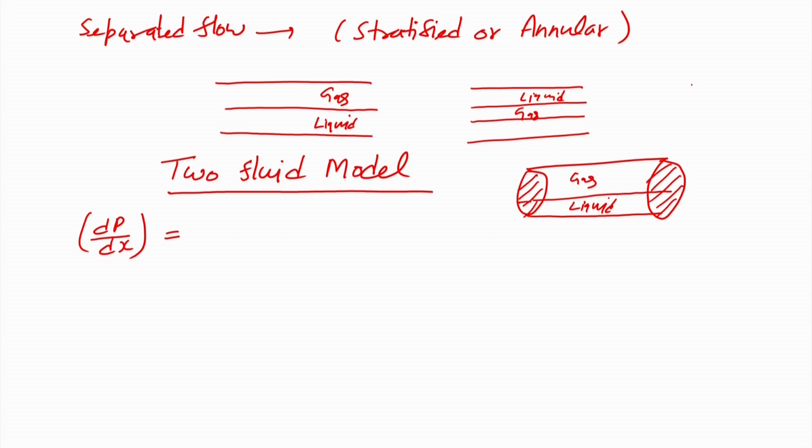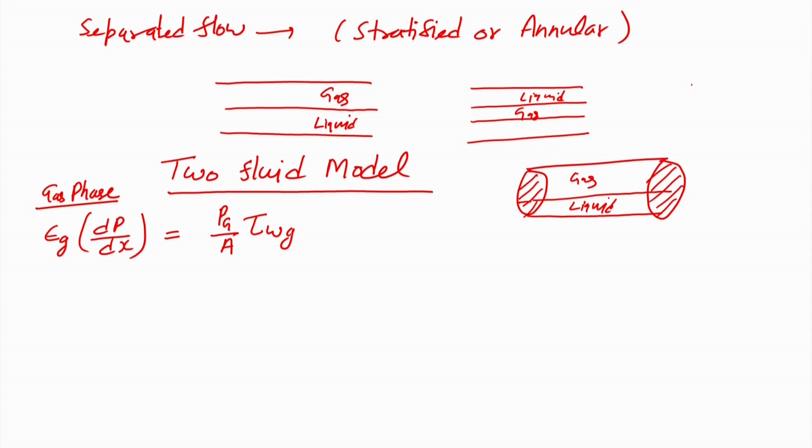Suppose I am writing for the gas phase first, so I will write epsilon g. It means the contribution of dP by dx because of the gas will be equal to Pg upon A into tau Wg. That is the frictional contribution.